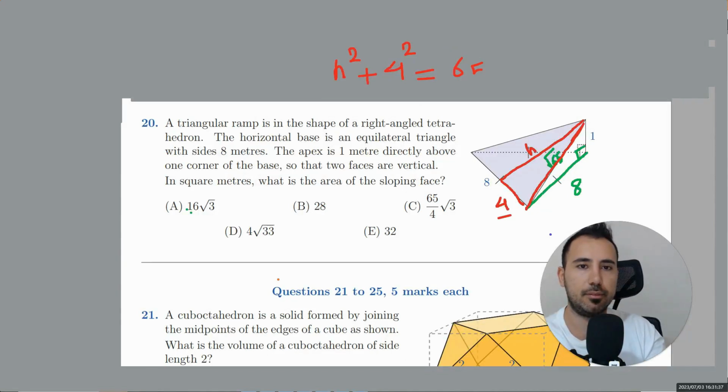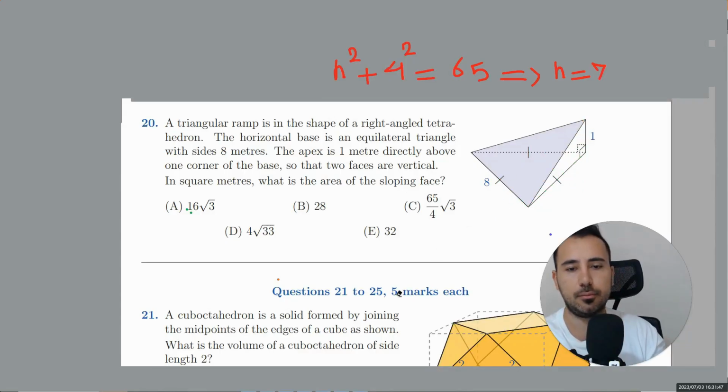So from here you will know h is 7. So we have the height, we have the base. 7 times 8 divided by 2. 28 is the right answer.